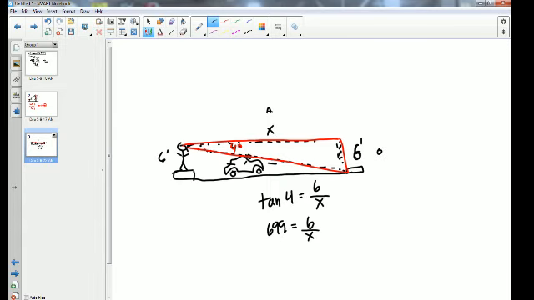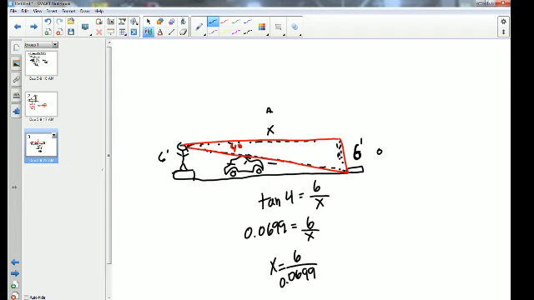Man, that parking lot's going to be 12 feet long. Really? How do I solve for x? Multiply by x, divide by, that's not what I want to do, right? Divide by 0.0699.